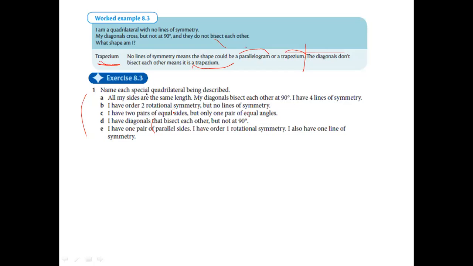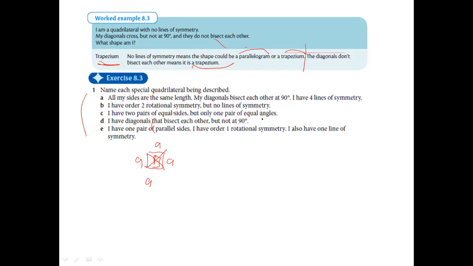First one, name each special quadrilateral being described. First one, A. All my sides are the same length. All sides are the same. My diagonals bisect each other at 90 degrees. Here, 90.